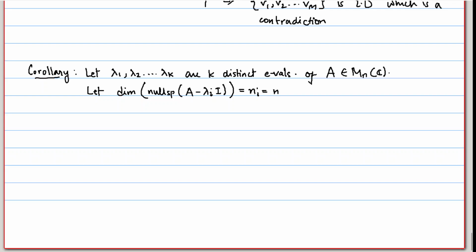This is nothing but the nullity of A minus lambda_i I. This also means this is the number of linearly independent eigenvectors corresponding to the eigenvalue lambda_i.